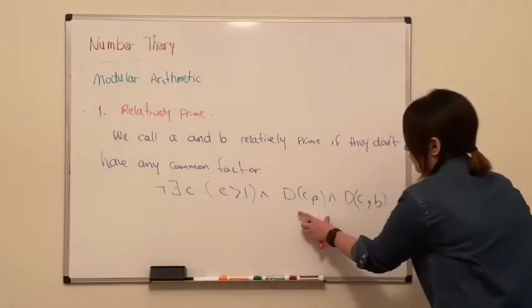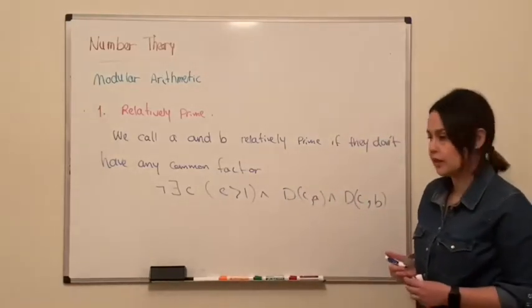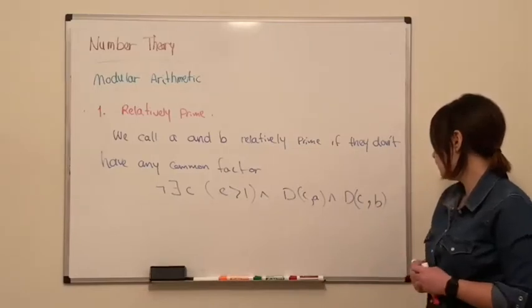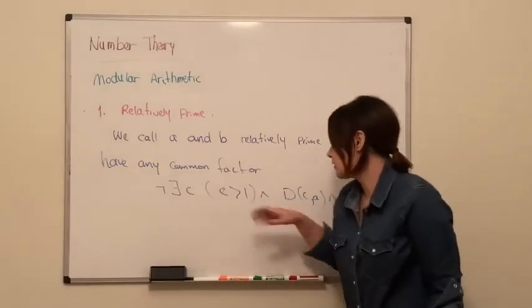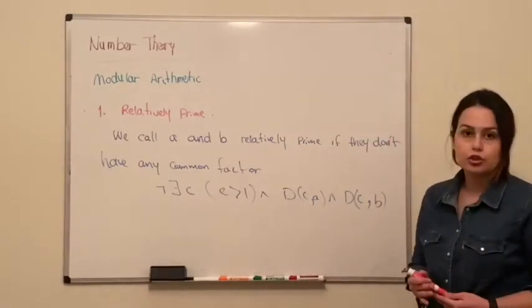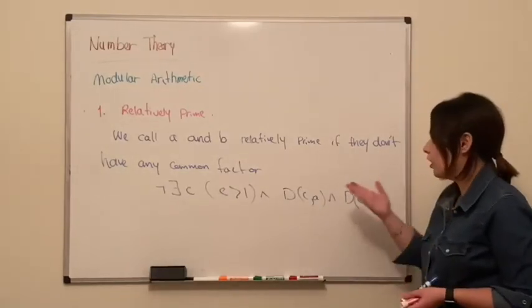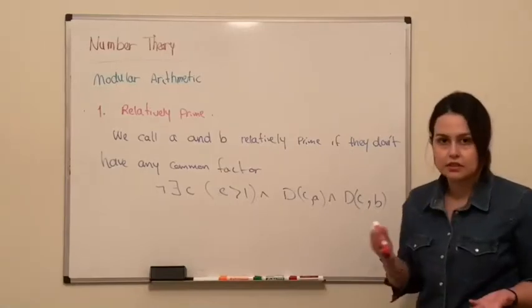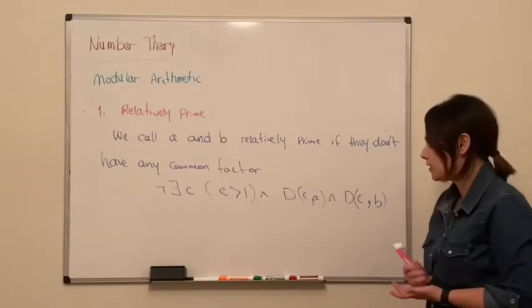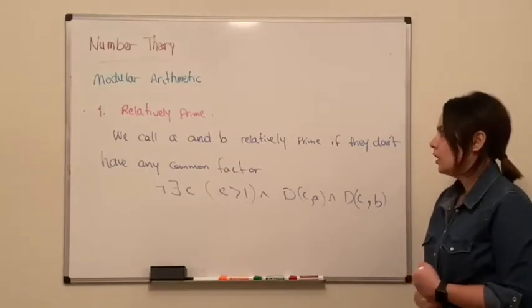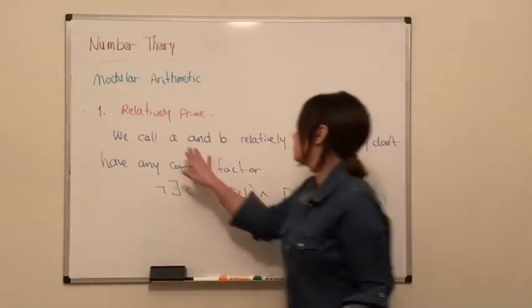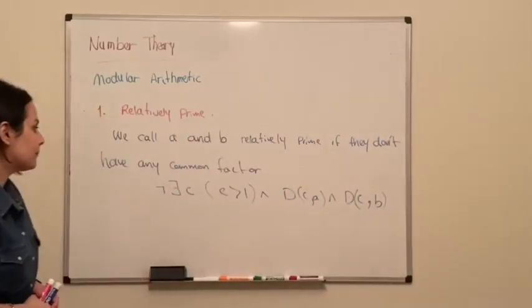If you remember, d of c and a means that c divides a, and d of c and b means c divides b. So there doesn't exist such a c. Their only common factor is 1, and since 1 is not prime and not composite, we can say they don't have any common factor. We call those 2 numbers a and b relatively prime.